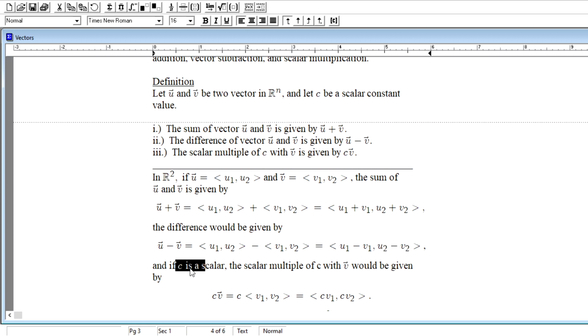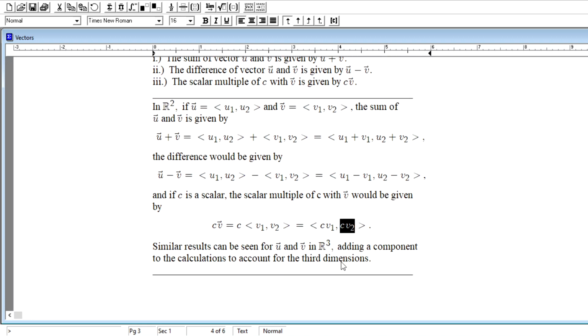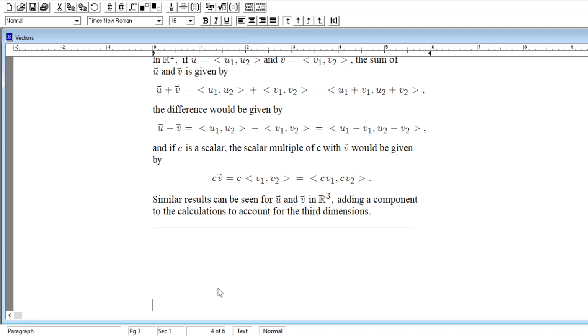And lastly, if c is a scalar, the scalar multiple of c with v would be given rather intuitively as just c times the vector v1, v2, where c distributes itself in a product to those scalar values inside the components of vector v. You see similar results for the cases of u and v in three-dimensional space, and this is all true even up through the nth dimension in terms of their calculations.